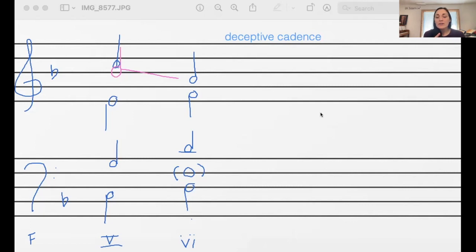We have the plagal cadence, which is 1 to 4 to 1, I should say. It's always that 4 that comes in for plagal. We have the deceptive cadence, and that is the twist ending. We think we're going to a 1, we get set up to go to a tonic, and then we shift gears and end up with a 6.